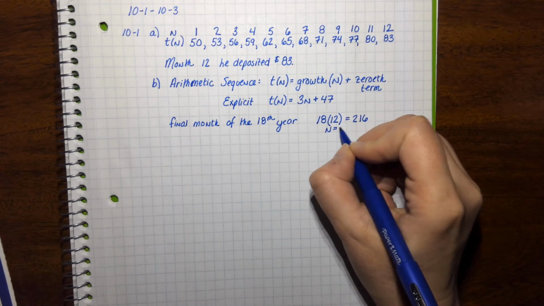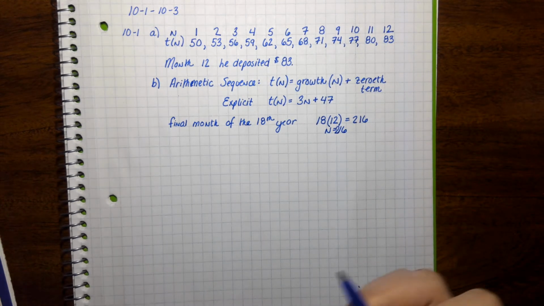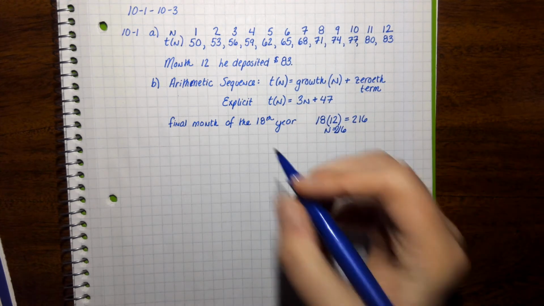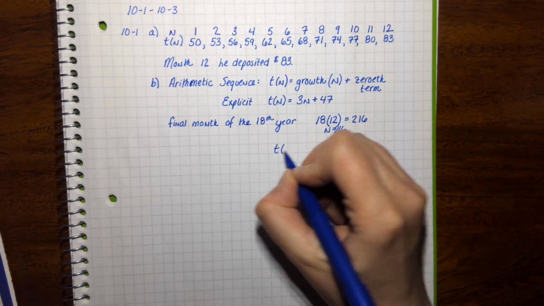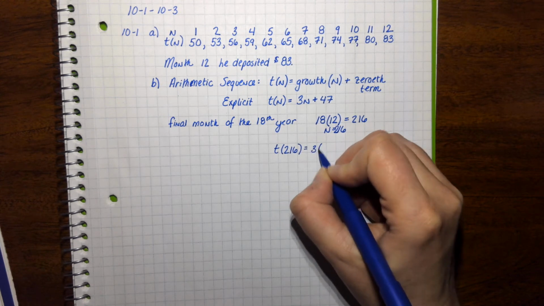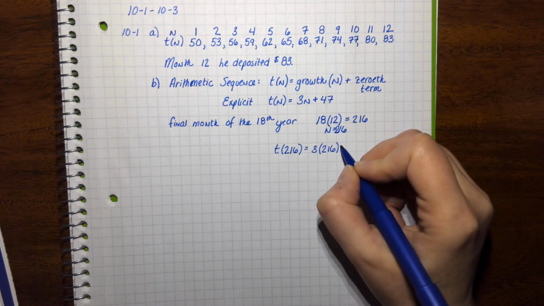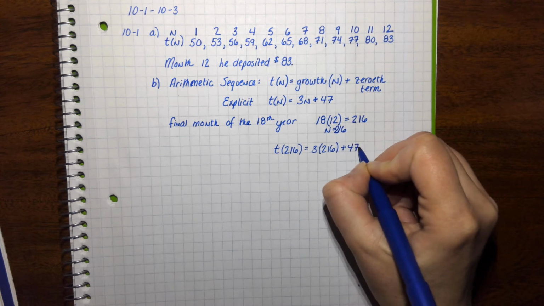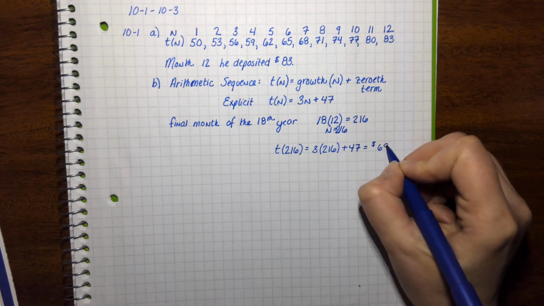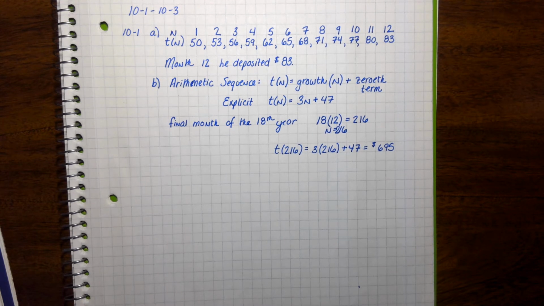So I am going to find month 216 and plug that into my equation. The term at 216 is 3 times 216 plus 47, and so that final month of her 18th year, he would have deposited $695.